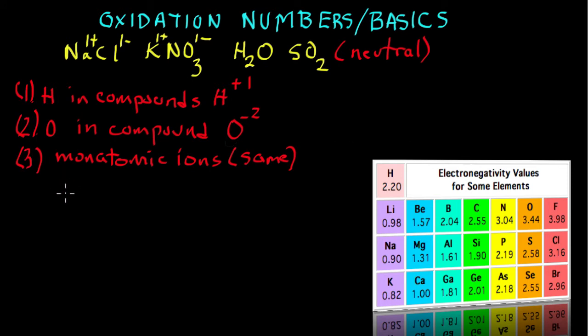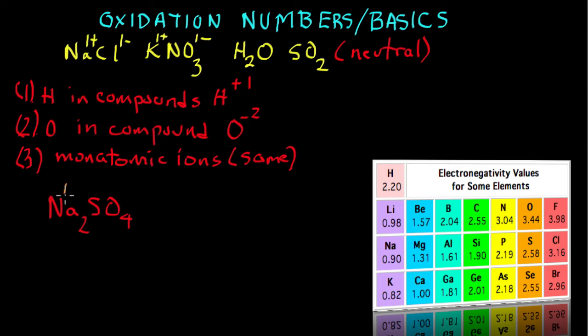Let's start with sodium sulfate. Sodium sulfate is an ionic substance, but we can assign an oxidation number. Sodium is in group 1.